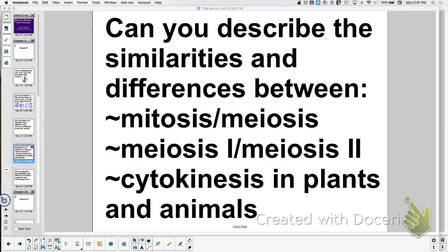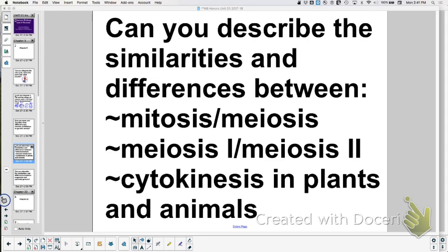And meiosis 2 is about separating the sister chromatids. Remember, the 2 big variety sources, crossing over and independent assortment, all occur during what? Meiosis 1. Okay, cytokinesis in plants and animals, we already hit that. Cleavage furrow versus plate. Right, because they can't do a furrow when it's a solid wall.